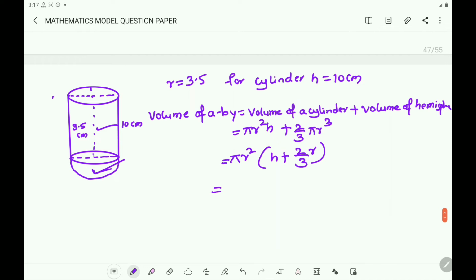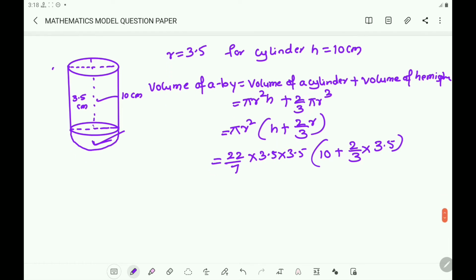And what is the value of pi? Pi value is 22 by 7 into r square. R square is 3.5 into 3.5 into h. H is 10 plus 2 by 3 into r is 3.5.